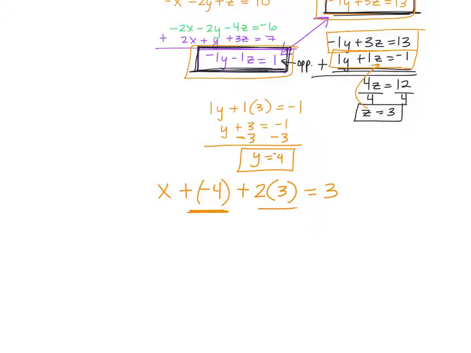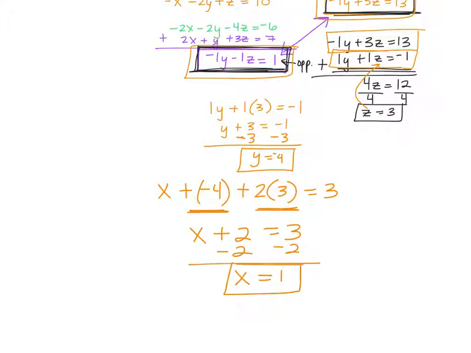Negative 4 plus 6 is a positive 2. So take away that 2, and x is 1. So your answer is 1, negative 4, 3, right? x, y, z.